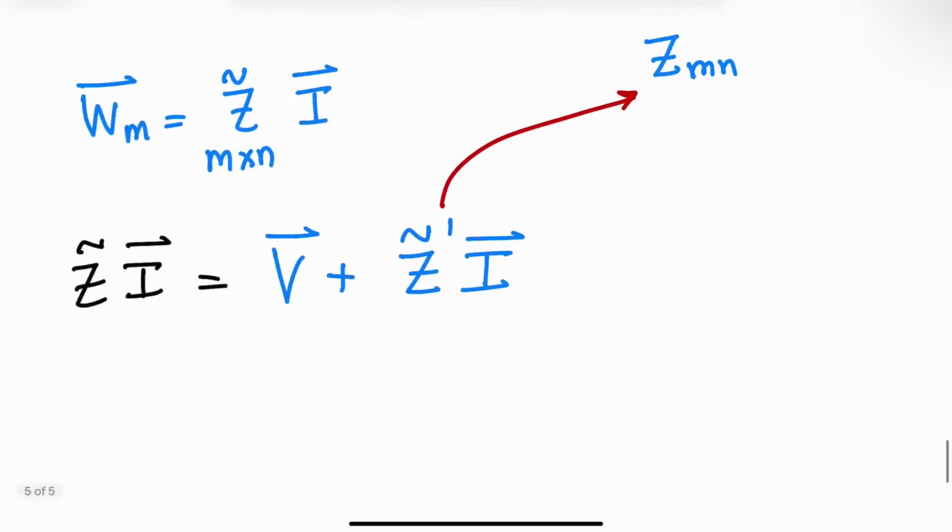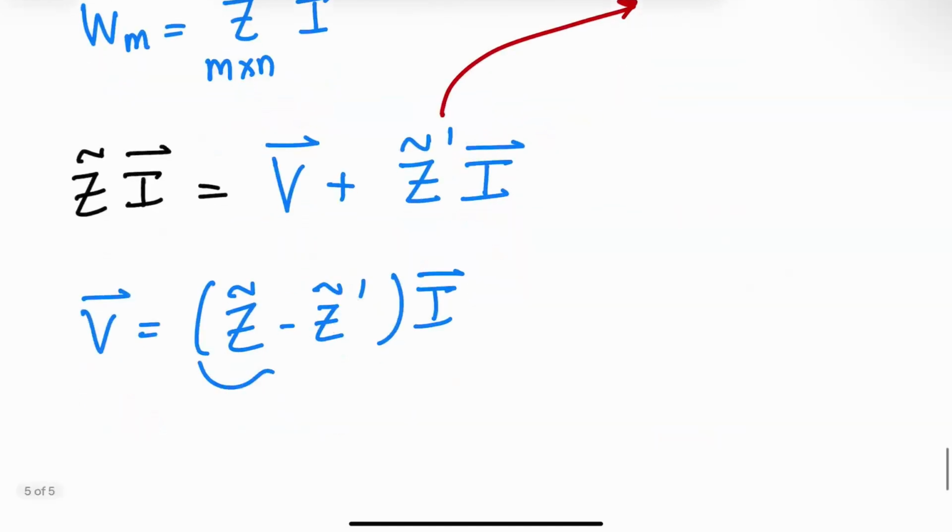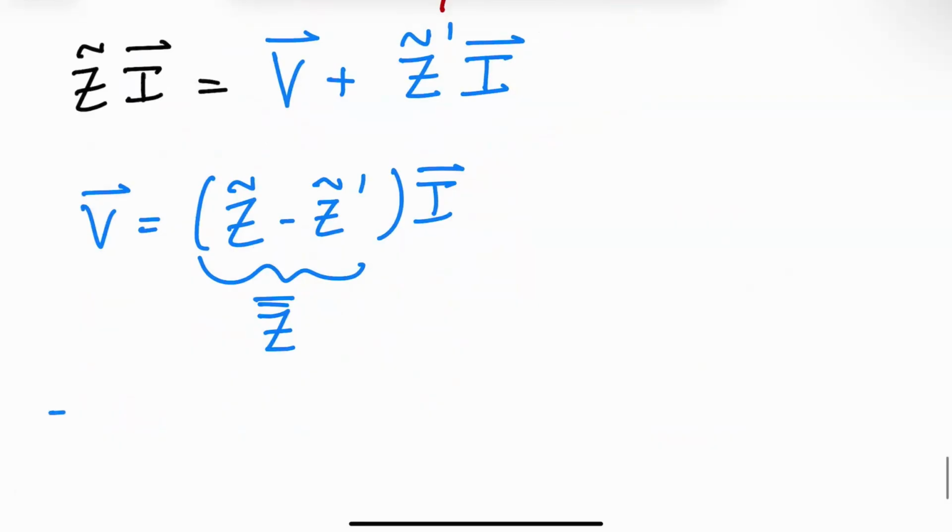Putting things together, I can rearrange this as V equal to Z tilde minus Z tilde prime times I. I'll call this the Z matrix. So essentially we have V equal to Z I.